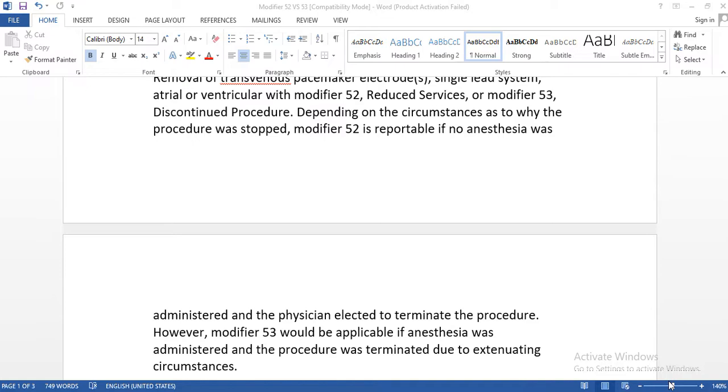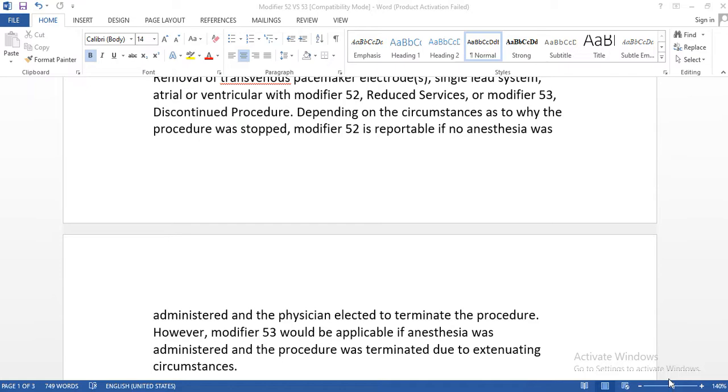However, modifier 53 would be applicable if anesthesia was administered and the procedure was terminated due to extenuating circumstances. So in this question, we need to decide whether anesthesia is used or not before reducing the service or discontinuing the procedure. If there is no anesthesia used, we need to use the 52 modifier. And if anesthesia is used, we need to use the 53 modifier.